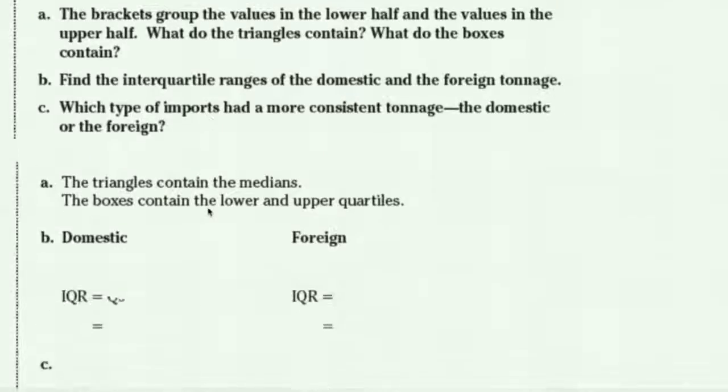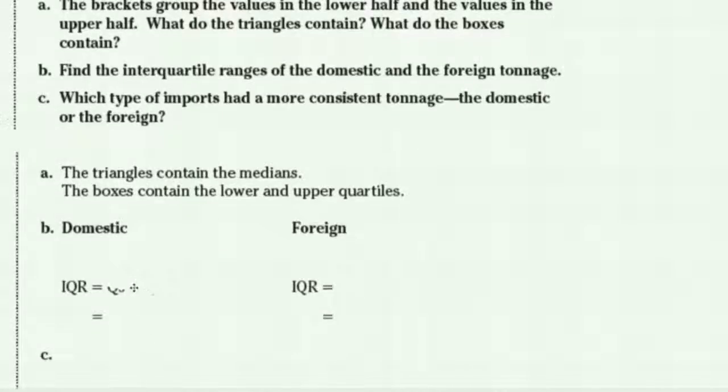So to be able to find the IQR of the domestic, we have Q3 minus Q1, or 40 minus 15, which will give us 25. Okay, so Q1 is 15 and Q3 is 40 according to the blue boxes.